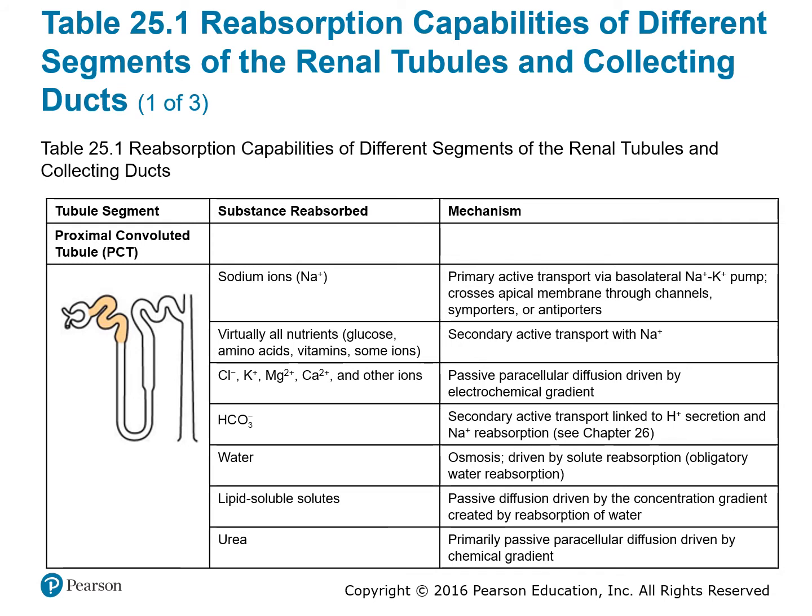So remember, water is going to follow salt. That's what this is saying. Our lipids are fat-soluble solutes, passive diffusion driven by the concentration gradient created by the reabsorption of the water. And the reabsorption of the water follows salt, right? So our urea here is passive, primary passive paracellular diffusion driven by the chemical gradient.